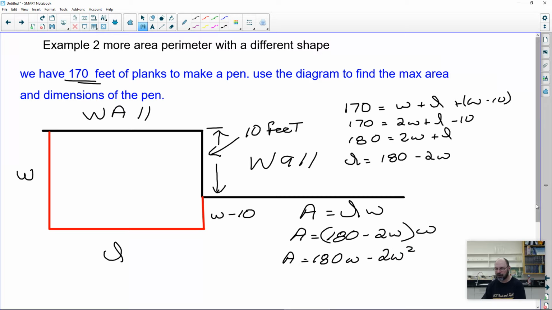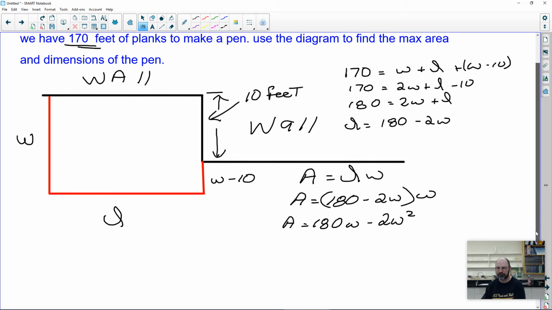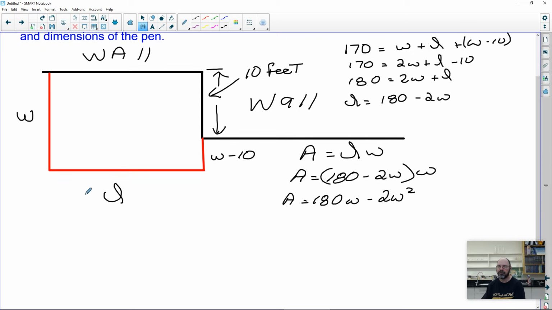Okay, so for that particular equation, I have to take the derivative to get a critical point where a maximum or a minimum could occur. So we're going to go A prime equals 180, that's the derivative of that, minus 4W.